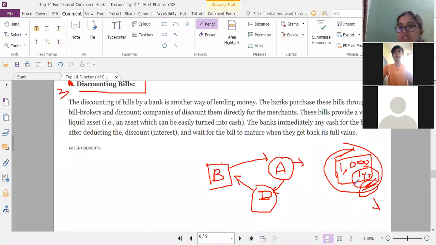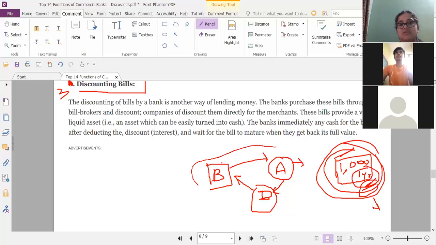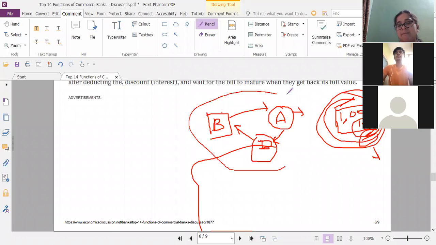D has to approach the bank before 1 year, but the bank will go to A for collecting this 1000 rupees after 1 year, for which again the bank will charge some commission from A as well. So this is how the bank is giving money, right? The bank is actually giving some money to D, which gets repaid by A and not D.